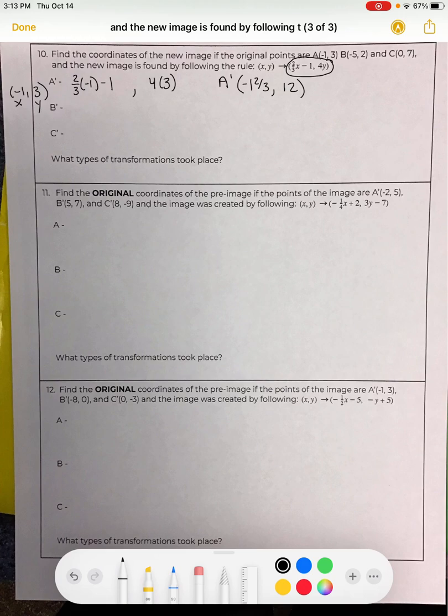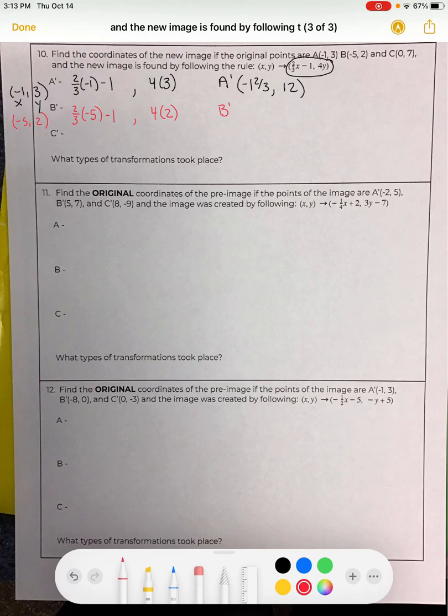So you just kind of do that for each one. You plug in the next one, the b's. We have a b term of -5, 2. So if you do 2/3 times -5 minus 1, and then the y value is just 4y, so 4 times 2.